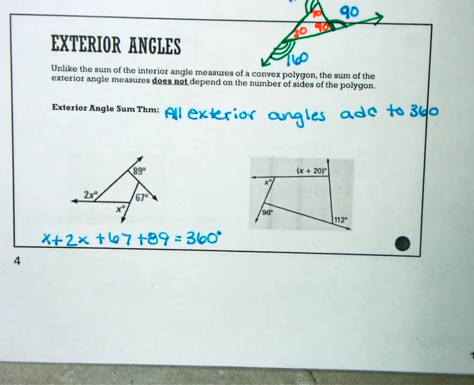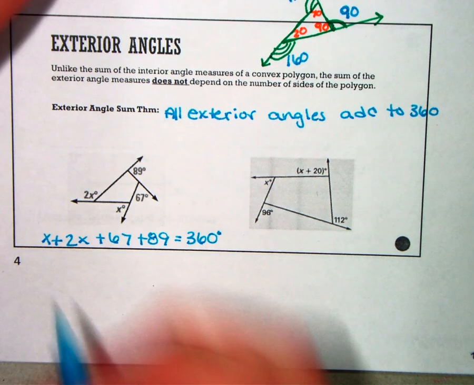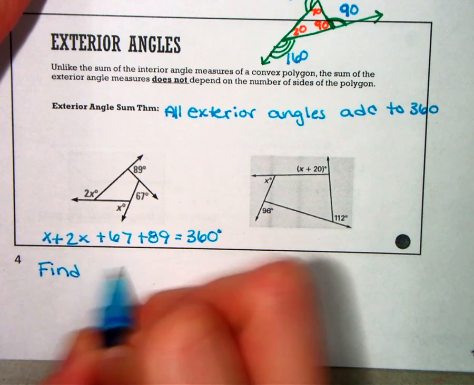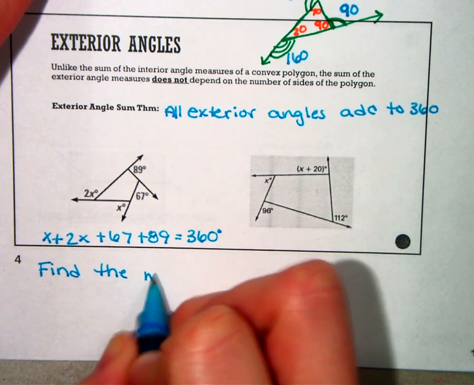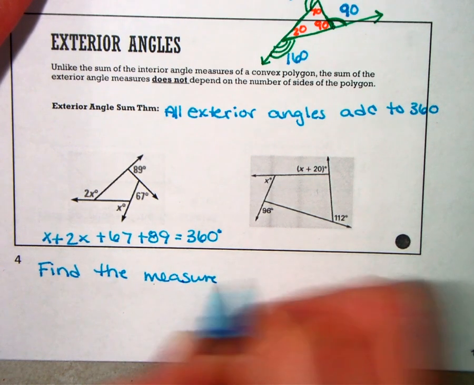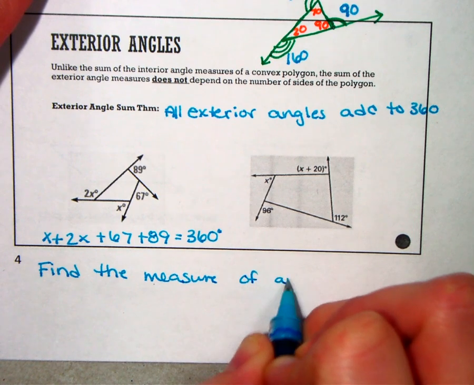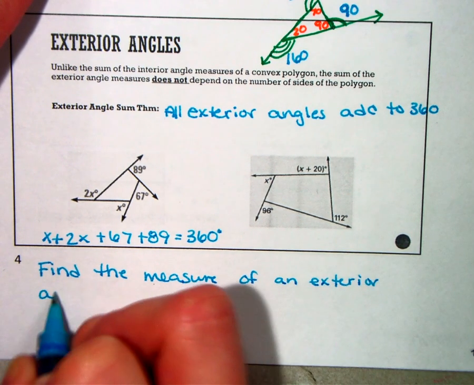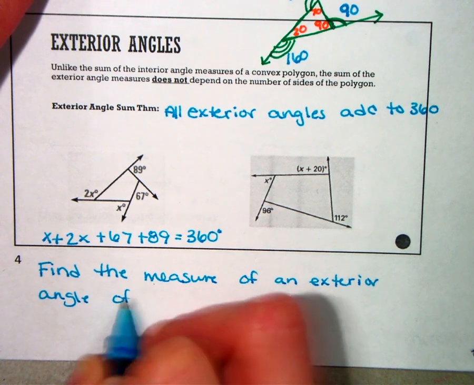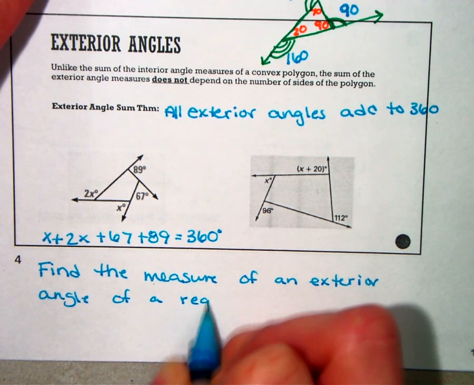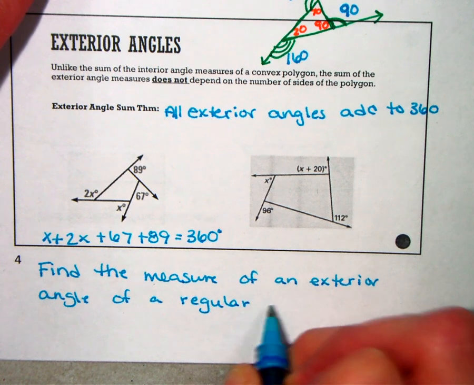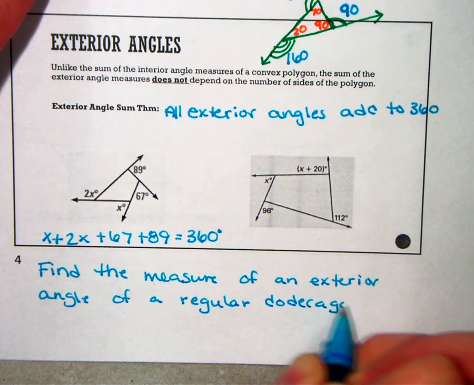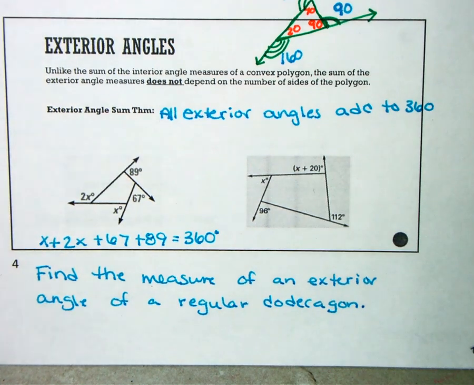But there's one more I want to talk about that's not actually on this page, so I'm just going to add it on the bottom here. So I'm going to write: find the measure of an exterior angle of a regular dodecagon.